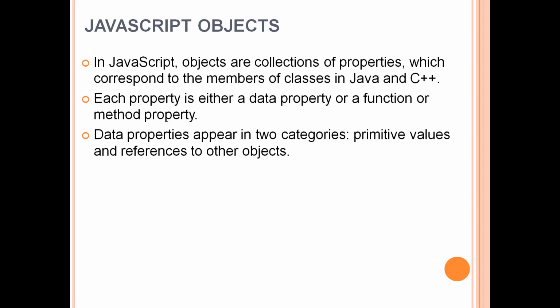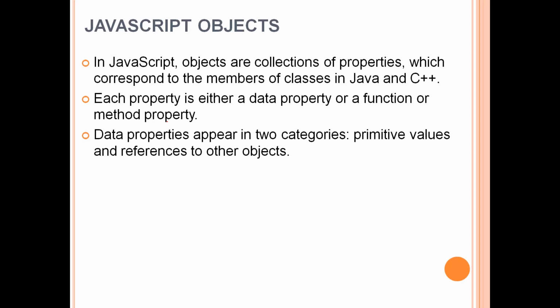Now JavaScript objects. In JavaScript, objects are collections of properties. So objects are simply collections of properties, which correspond to the members of classes in Java and C++. Like in Java and C++, where classes contain data properties and method properties, in the same way in JavaScript the object contains data properties and function or method properties.